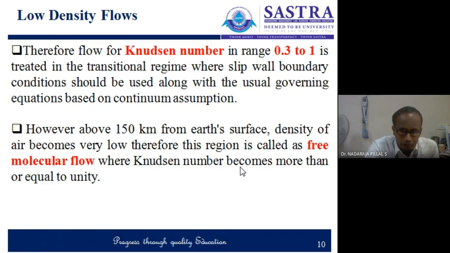Above 150 kilometers from the Earth's surface, the density becomes very low, and as I said, you experience molecules hitting your hand. Hence we should consider this as free molecular flow, right? Free molecular flow is defined where the Knudsen number is greater than or equal to 1.